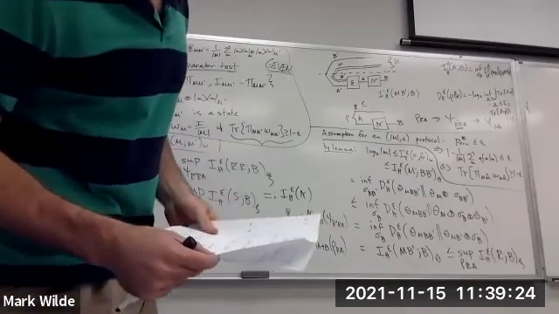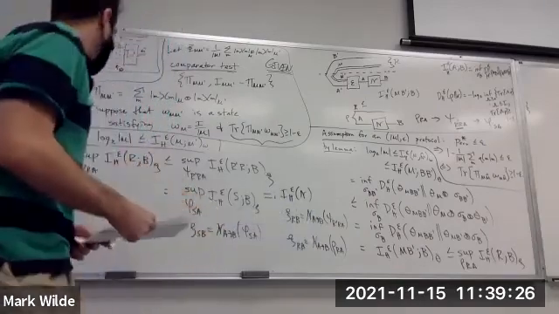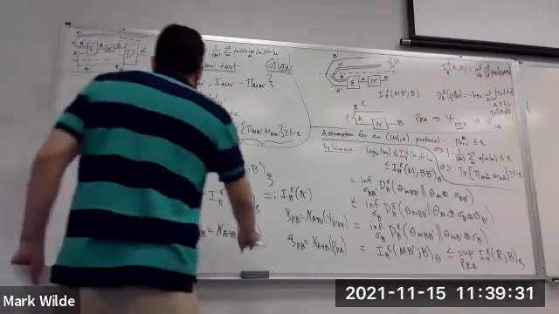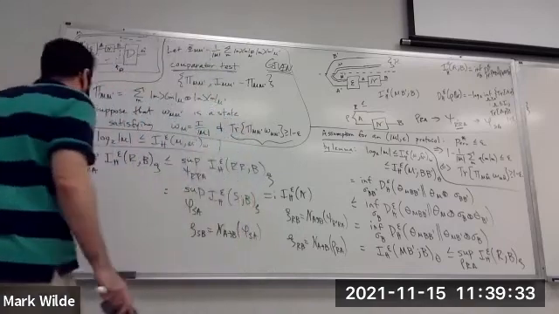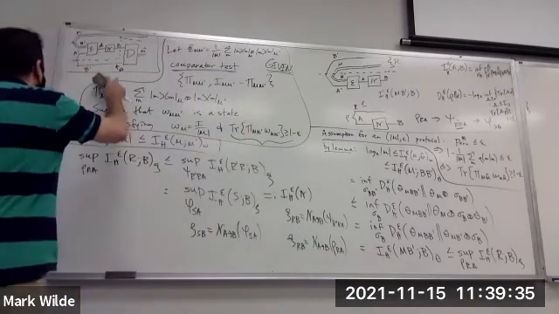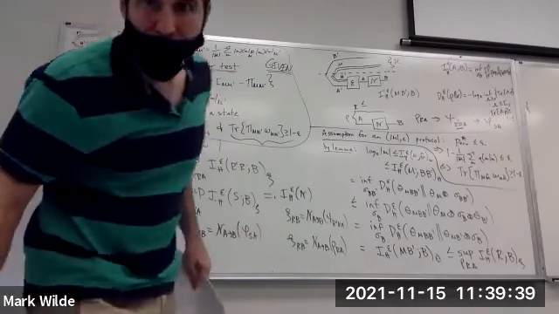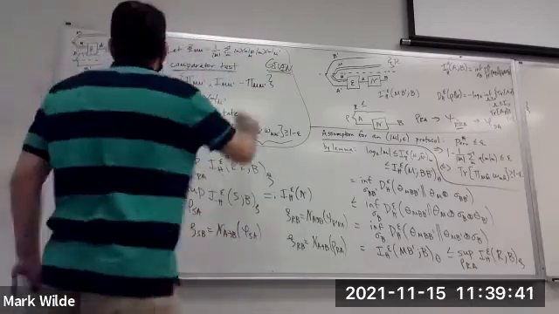Okay, so that's the key one-shot bound. Let's now move on to asymptotics.